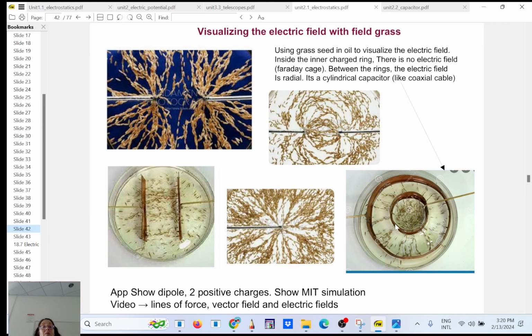So let's say this is plus, electric field wants to go to minus, so plus to minus, you do have an electric field, but inside a cage, no. So this is called a Faraday cage. That's why if you are driving your car in a tunnel, for example, you are losing signal, because the electric field cannot penetrate a metallic frame, cannot get inside.